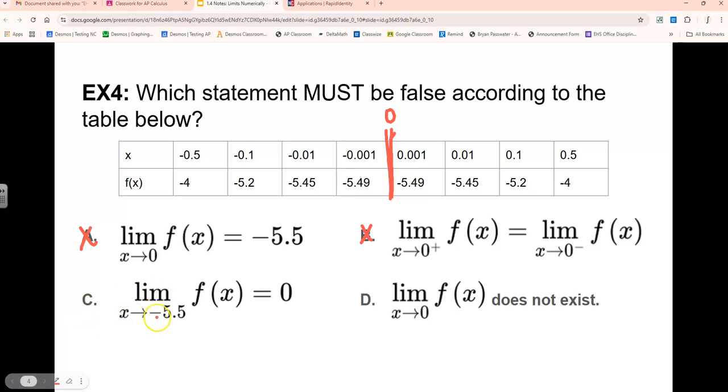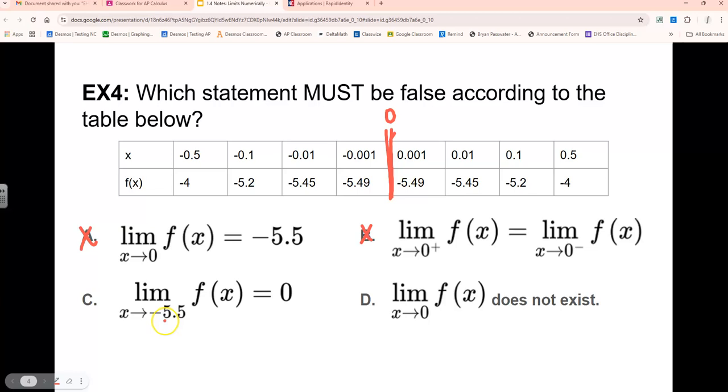C says the limit as X approaches -5.5 of f of X is 0. What sort of happened here? If I gave somebody this table and I said, write me a limit from this table, and somebody wrote down C, what do you think they did right there? Switched up their X's and Y's, right? Because the limit as X approaches 0 does look like it's negative 5.5.